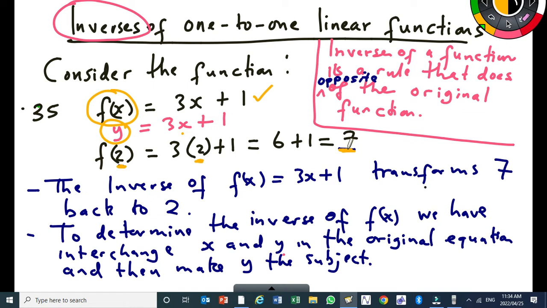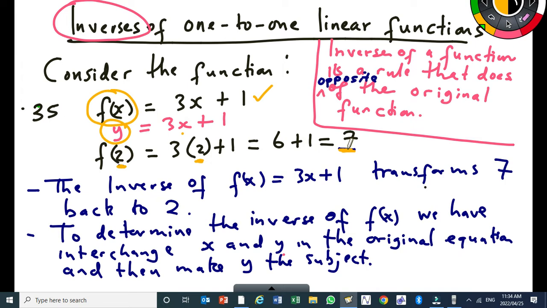What does that mean? Well, it means that for the inverse, the y value of the original becomes the x value. The x value of the original function becomes the y value. I just chose one value to illustrate this part.